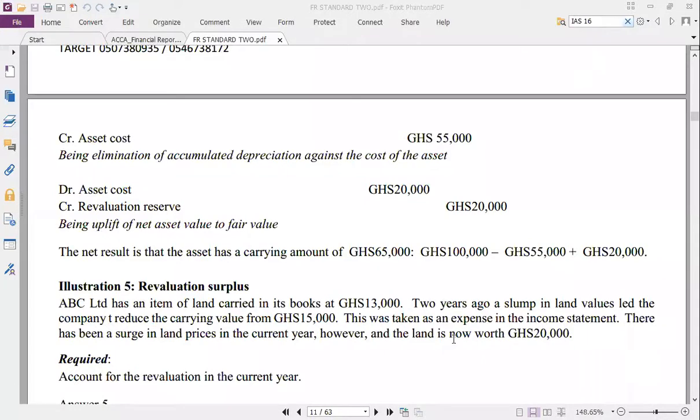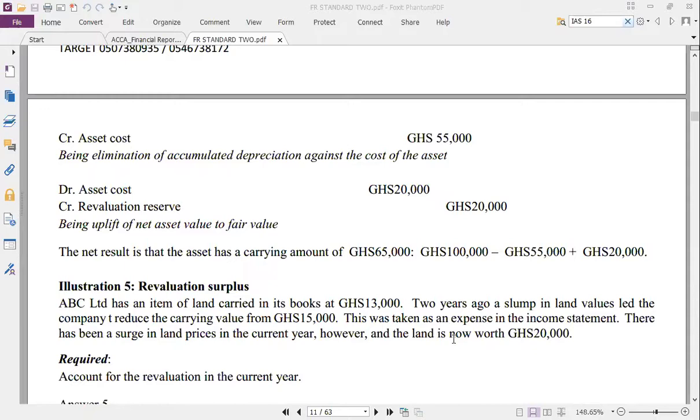It says ABC Limited has an item of land carried in its books at 13,000. Carried in its books at what? 13,000. So that 13,000 is the carrying amount.